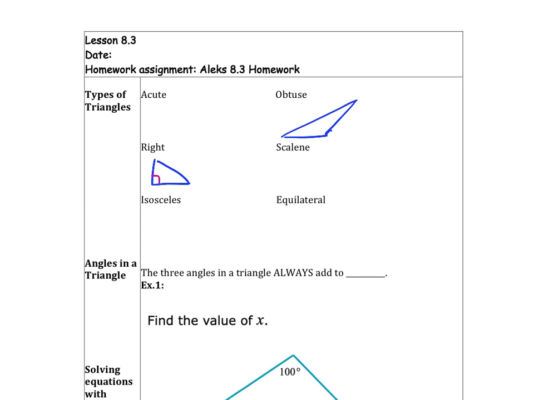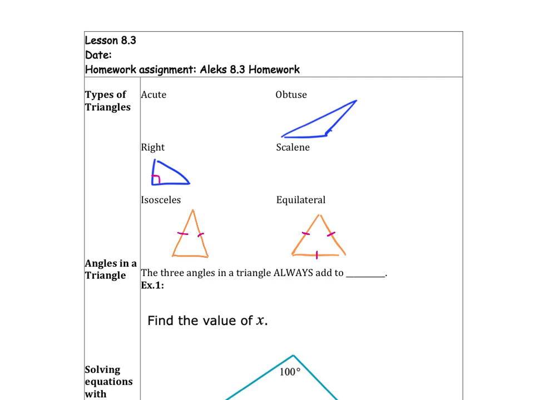An equilateral triangle is going to look like this, and what you'll notice is tick marks will tell you that anything that has the same tick mark is the same length. So in an equilateral triangle, all three sides are the same, and it just so happens all three angles are the same also. An isosceles triangle is when two of the sides are congruent, so they'll have two tick marks.